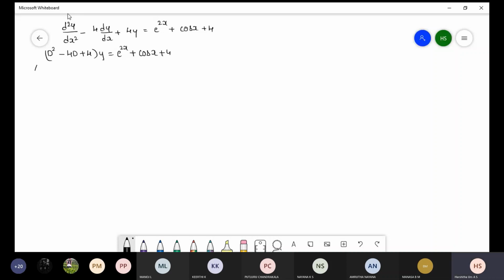Now auxiliary equation is m square minus 4m plus 4 is equal to 0. It is in the form a minus b whole square. So m minus 2 whole square is equal to 0. That implies m is equal to 2, 2.